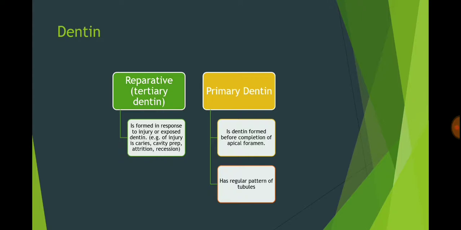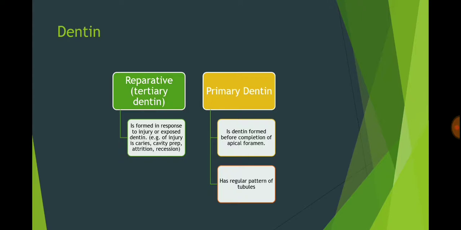Primary dentin. Primary dentin is the dentin formed before completion of the apical foramen. Before the apical foramen is completed, whatever dentin is deposited is called primary dentin.